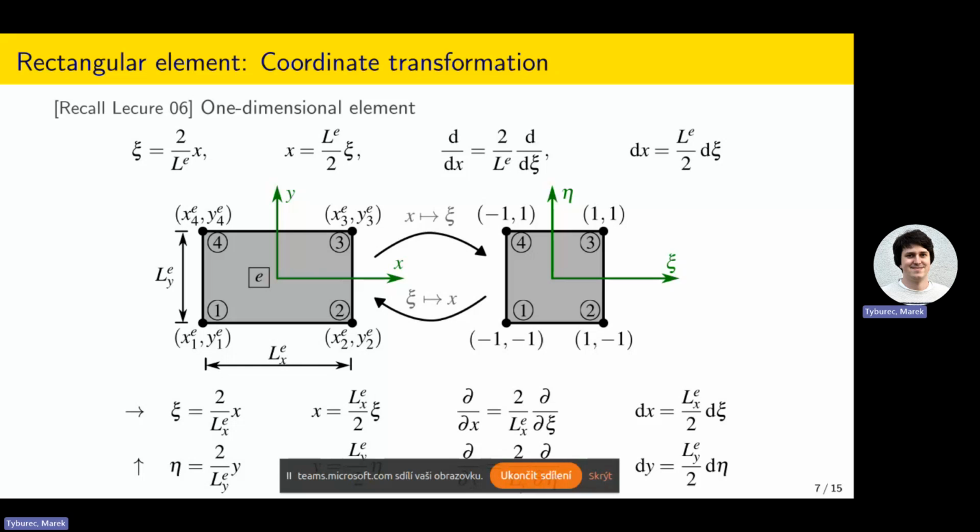And what we will do is essentially define a function like this in both dimensions and then multiply them.